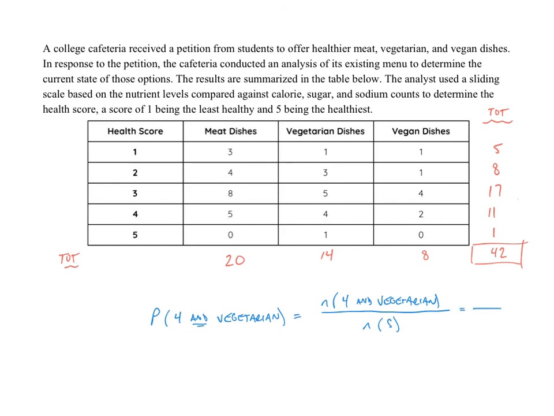We still have 42 dishes, but the number of dishes that are both 4 and vegetarian, the column that represents vegetarian and the row that represents 4 intersect there. So we actually have 4 dishes that are both rated a 4 and are vegetarian. And we can reduce that to 2 21sts.